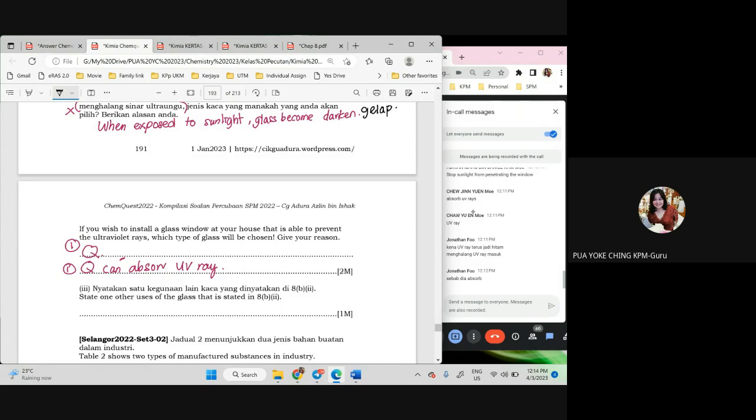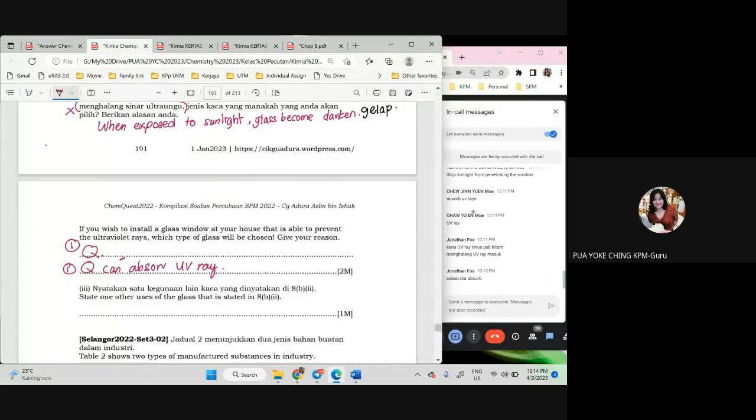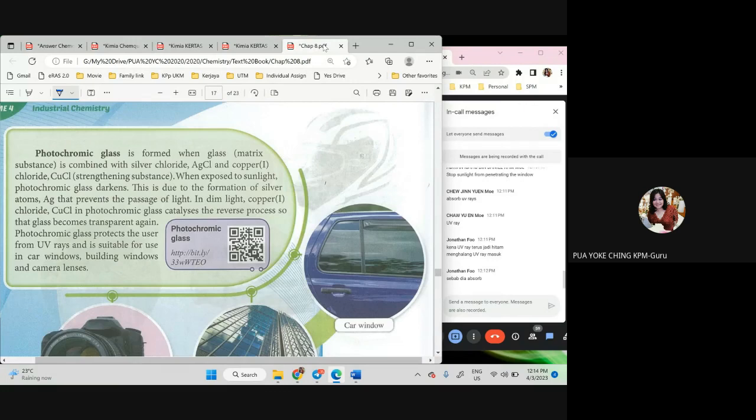Okay? Jonathan. Glass become darkened. Kaca menjadi gelap. And then you need to write the another way round. Apabila keadaan menjadi gelap. Ataupun apabila keadaan menjadi malap. In dimmer situation. Okay, keadaan yang malap. Okay, so dekat sini.